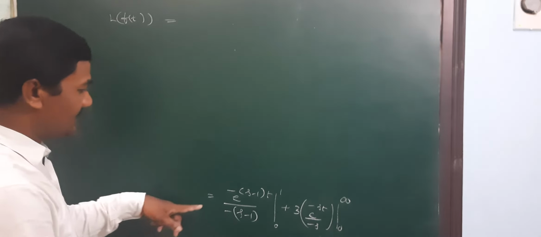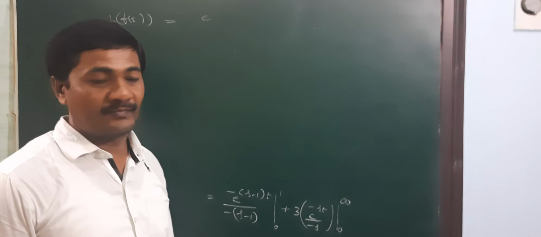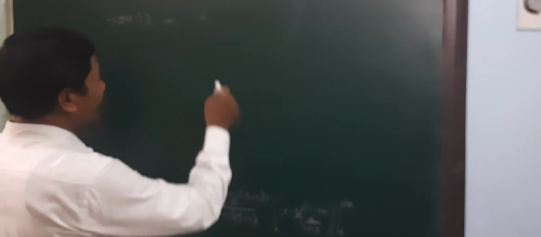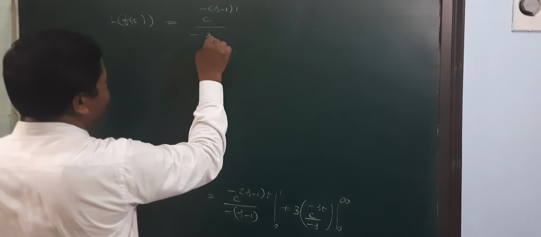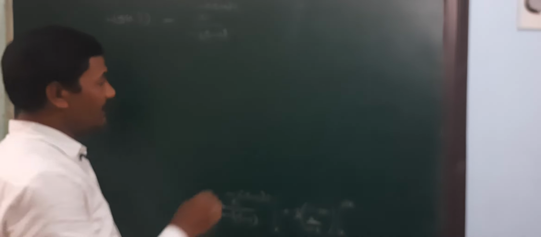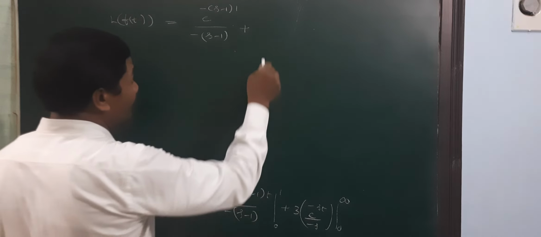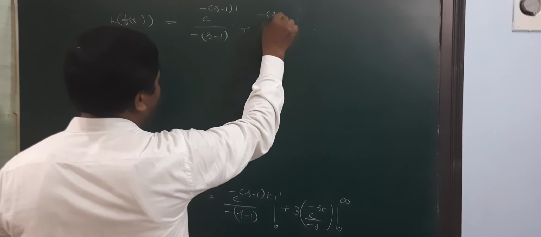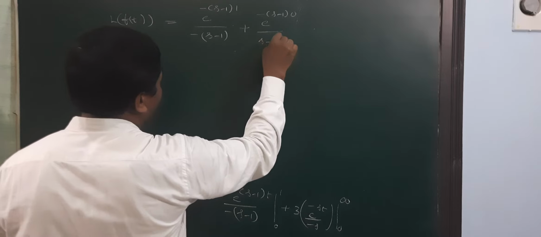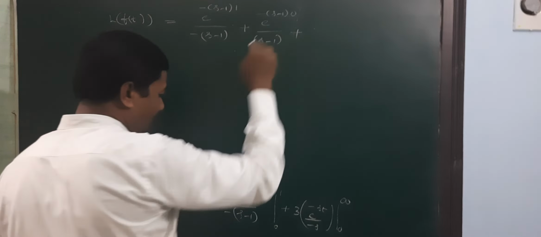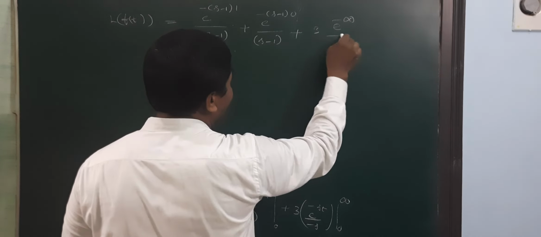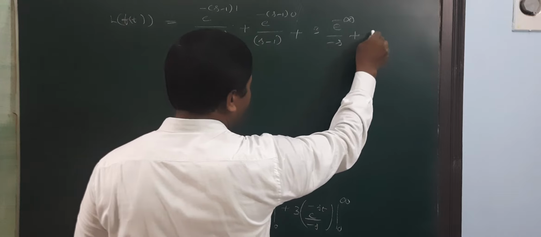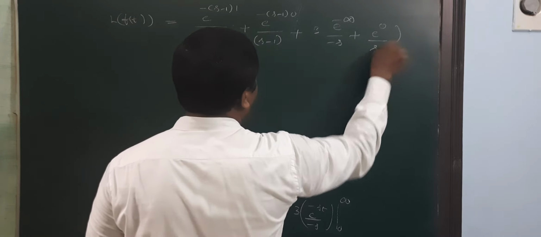Simplifying, the upper limit is 1 and the lower limit is 0: e power minus of s minus 1 into 1 by minus of s minus 1, plus the lower limit, e power minus of s minus 1 into 0 by s minus 1, plus 3 times e power minus infinity by minus s plus e power minus s by s.